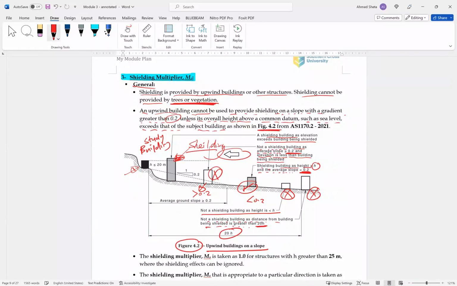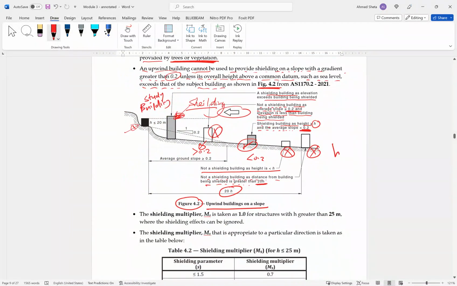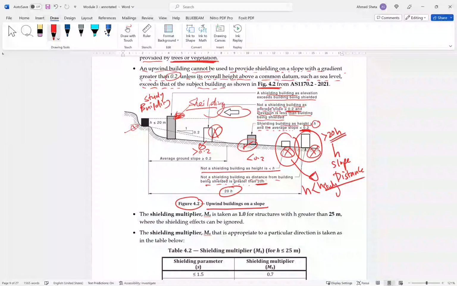So we have three factors affecting shielding: height, slope, and distance. This one the distance is more than 20 times the height, so it cannot do shielding. This one, the building height is less than the study building height, so it cannot do shielding.